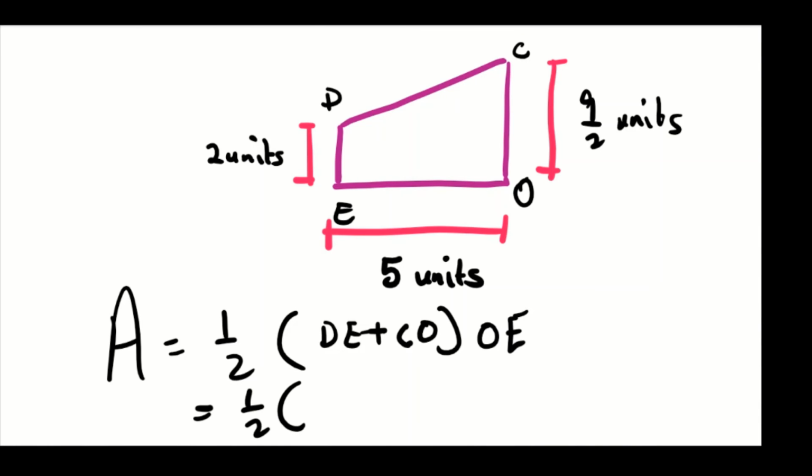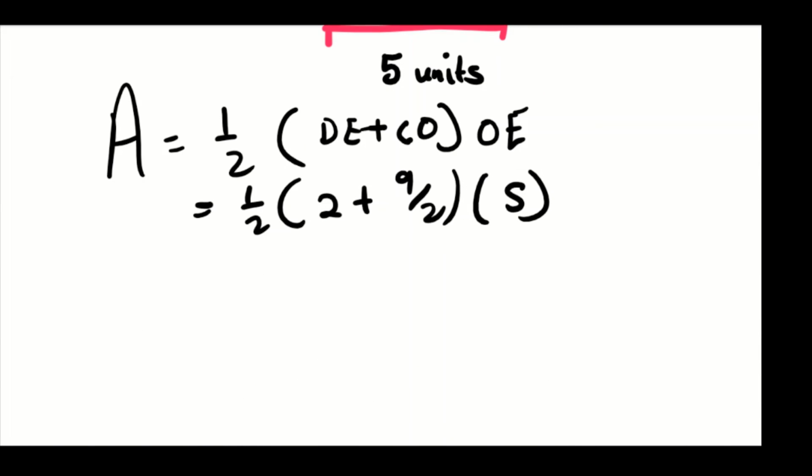So it's going to be half times our small side, which is 2 units, plus our large side, which is 9 over 2, multiplied by the base of 5 units. Punch this in your calculator and you should get an area of 16.25 in decimal form, or 65 over 4.